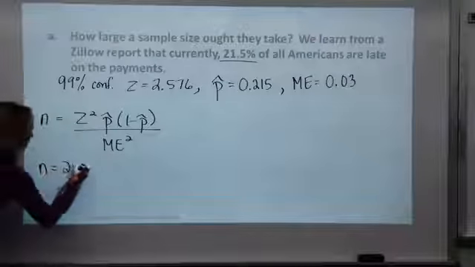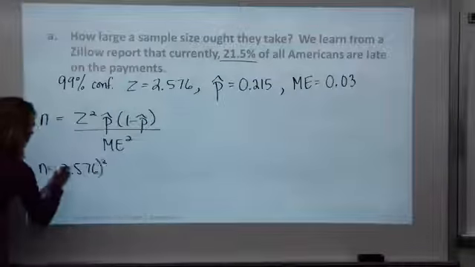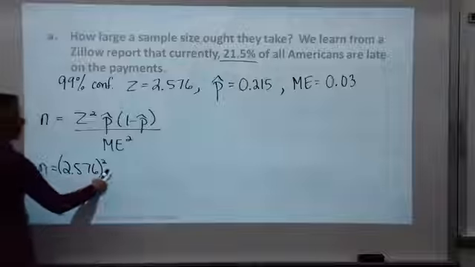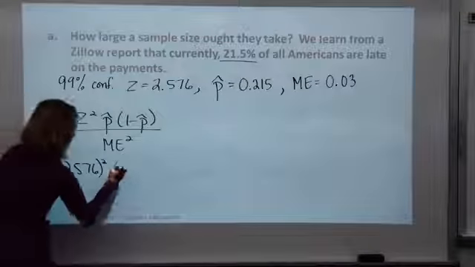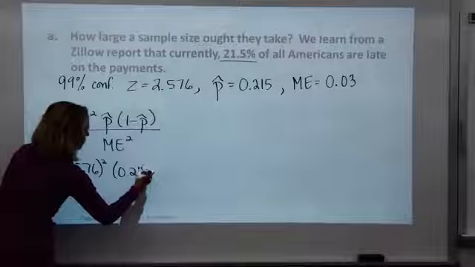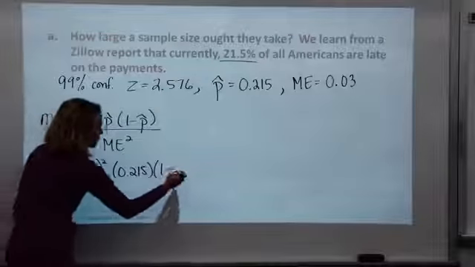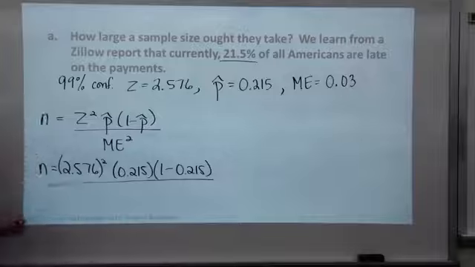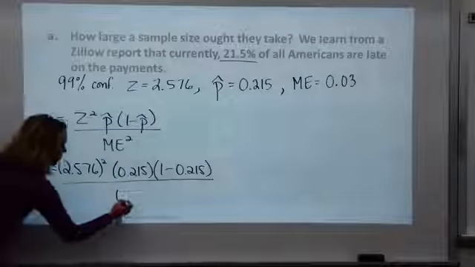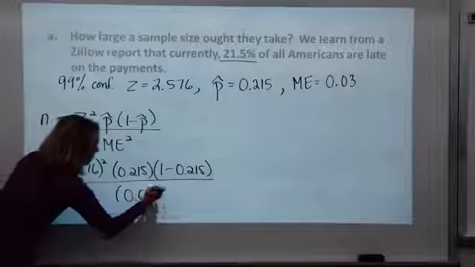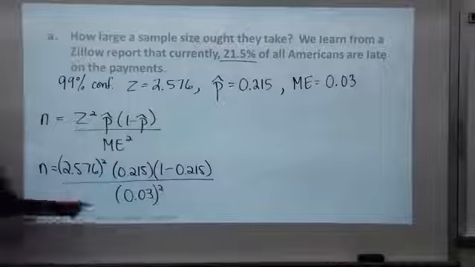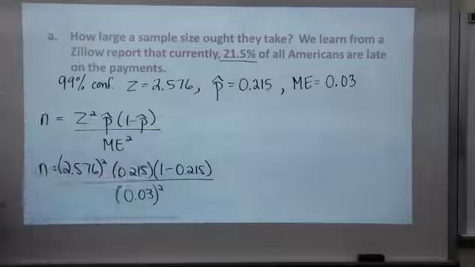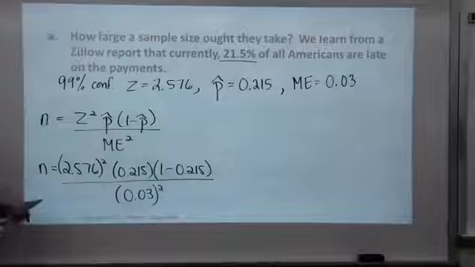So 2.576, the z-score gets squared. We're guessing that p hat is 0.215. And the margin of error is 3% or 0.03, and the margin of error gets squared. Plug that in your calculator.